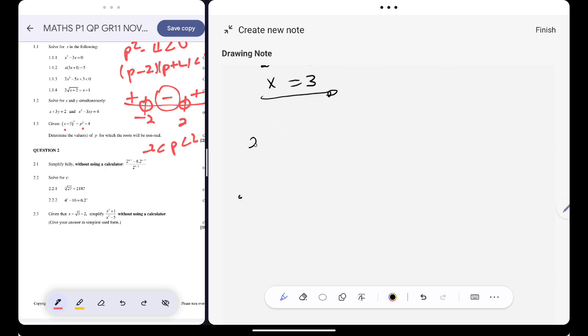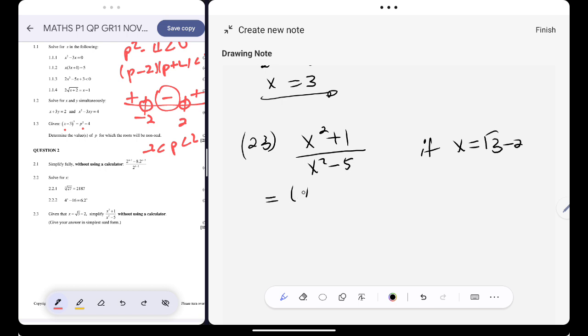So then moving to 2.3. 2.3, I'm supposed to simplify without a calculator the value of x squared plus 1, x squared minus 5, if x is equal to the square root of 3 minus 2. So whenever I see x, I'll just put the square root of 3 minus 2.